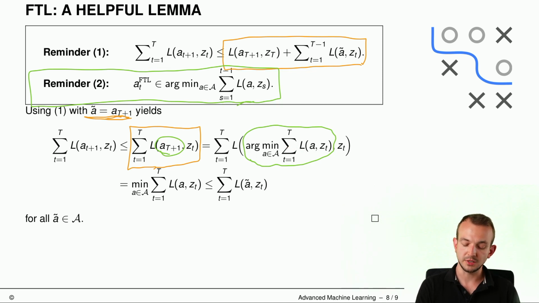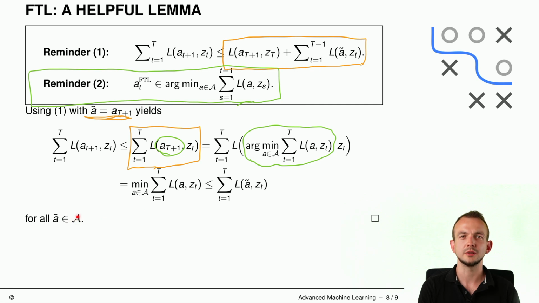So what will be the result? Well, it will be the minimum of this sum function. And again, the minimizer of this sum function is definitely smaller than or equal to the sum function evaluated at any other A tilde.